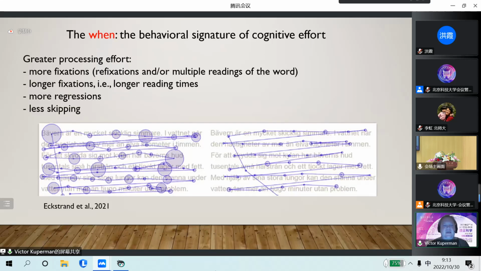Let's look at a couple of examples given in the picture in the bottom of the screen. It's the same text, which on the right side of the slide is read by a very proficient adult reader, whereas on the left part of the slide, it is read by a child with dyslexia.